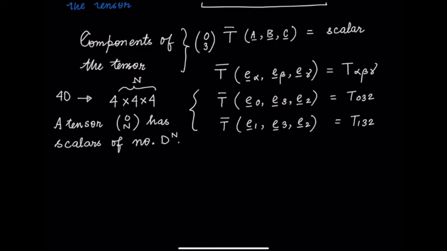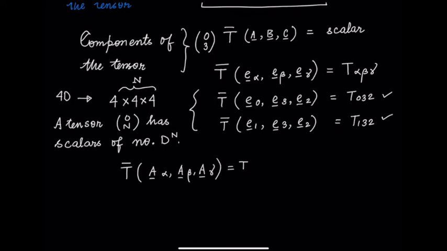Okay, so these are the scalars. Now the question is, what are these scalars? To understand that, let us try to use not unit vectors but any vectors as input to the tensor, to the rule that is called the tensor.